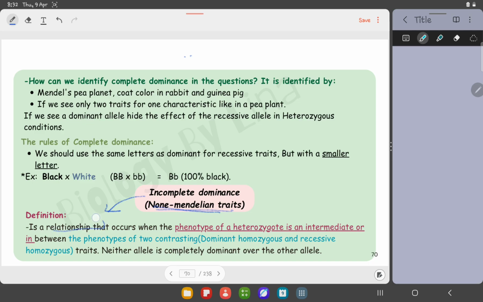It's a relationship that occurs when the phenotype of the heterozygous is intermediate, or in between, the phenotype of the two contrasting traits of the parents, the dominant homozygous and the recessive one. Here we can't say that one allele is dominant over the other allele.